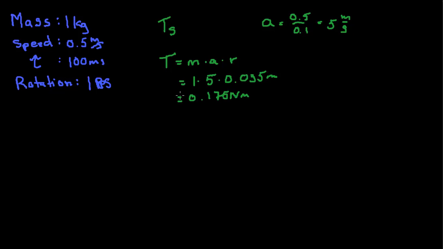Now you're going to say, well, we also have to account for the friction of the system. We could give it a fudge factor of 2, so you'd need a total of 0.35 Newton meters. But also recall that you have 2 wheels, so 0.175 seems to be about good enough.